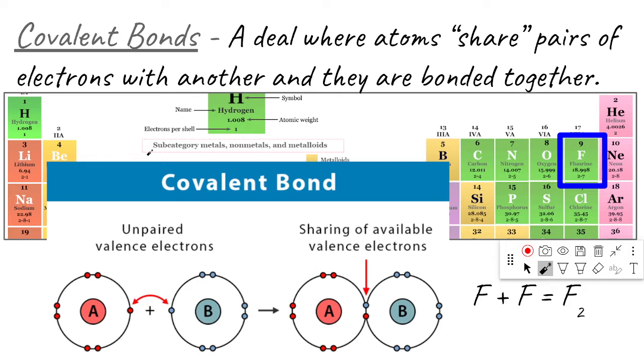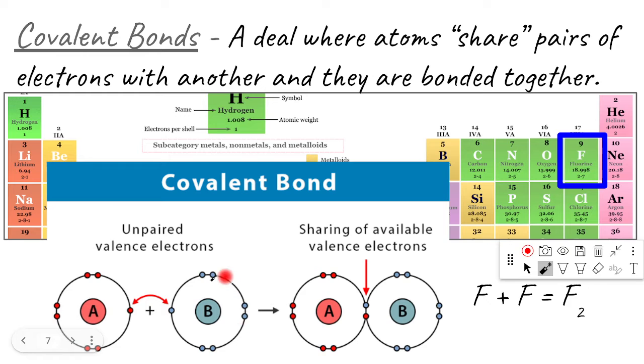Here, it's a sharing, and you can see what's happening down here. Atom A and atom B get together. He wants one more. He wants one more. So they say, hey, let's get together, and the red one is going to count its 1, 2, 3, 4, 5, 6, 7, plus this guy to get to 8.